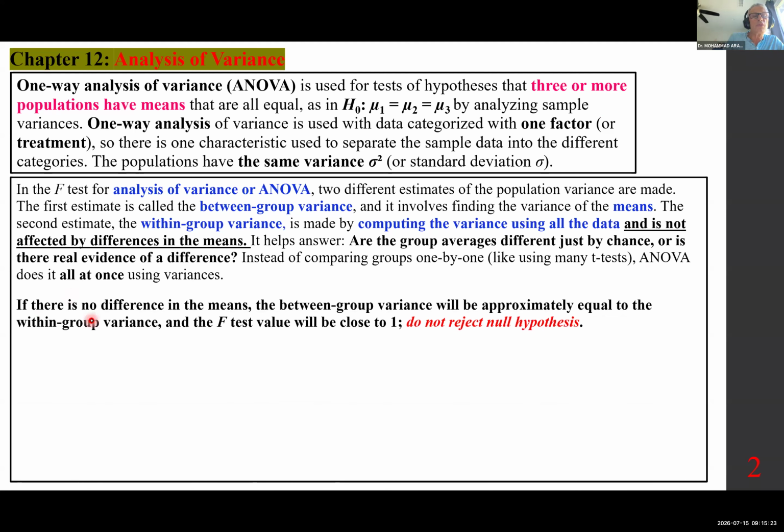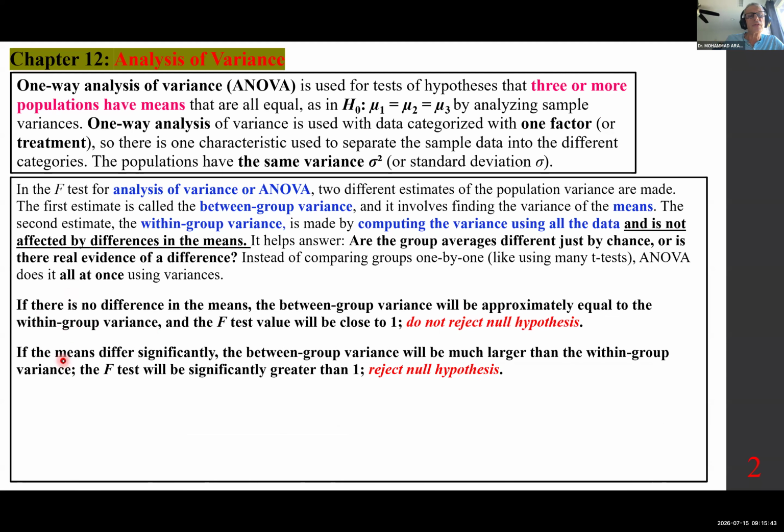If there is no difference in the means, the between group variance will be approximately equal to the within group variance, and the F test value will be close to 1. Do not reject the null hypothesis, or fail to reject the null hypothesis.